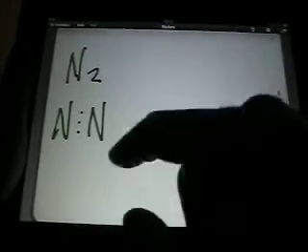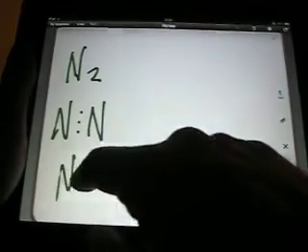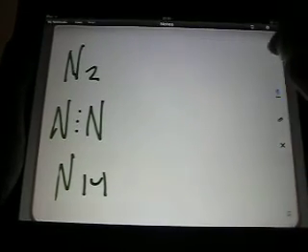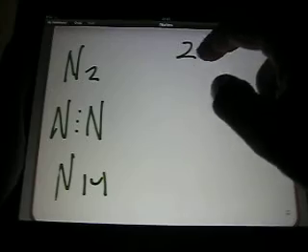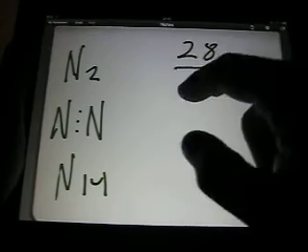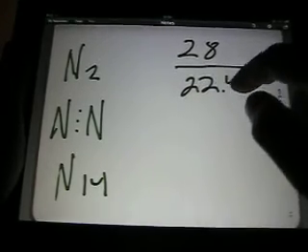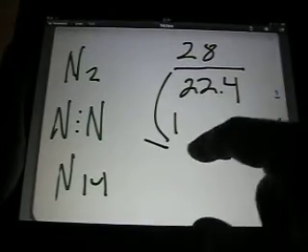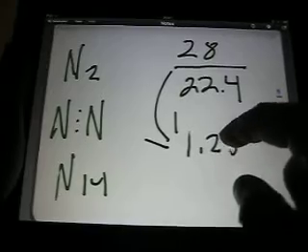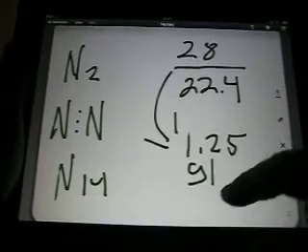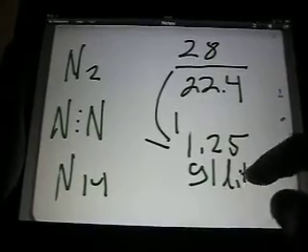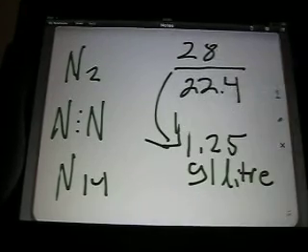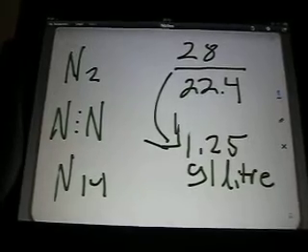So if nitrogen N by itself is 14, the density of nitrogen gas, or diatomic nitrogen, is going to be 28 divided by 22.4. And that should give us 1.25 grams per liter. Grams per liter. So gas density really is just that easy.